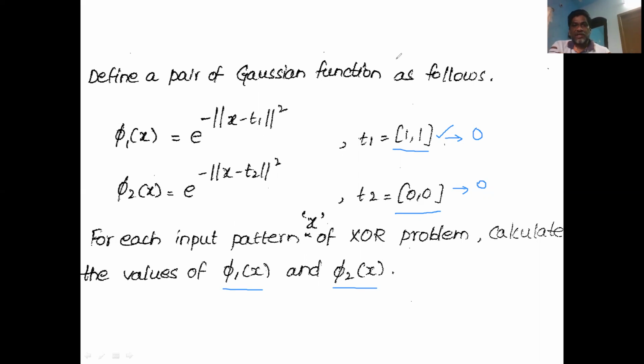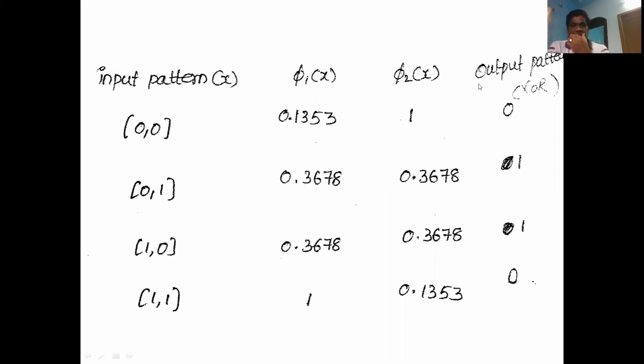Now let us see how to calculate this. This table shows how to calculate phi1 of x and phi2 of x for a given input pattern x. Okay, this is x. Now we apply phi1 of x here.